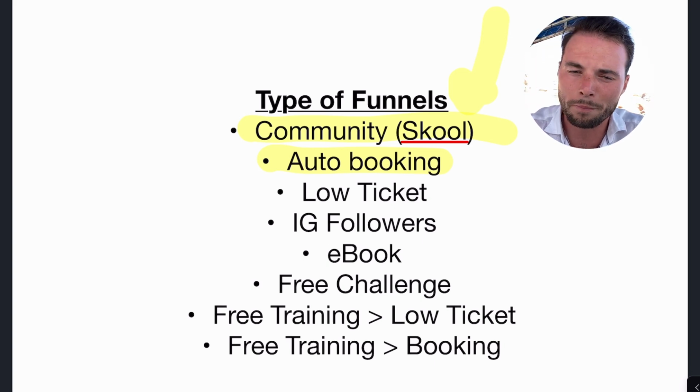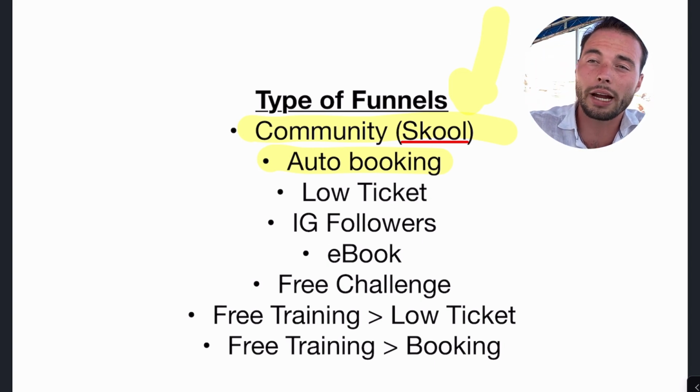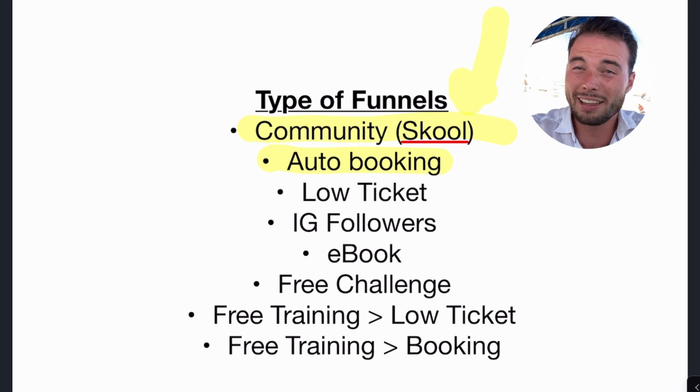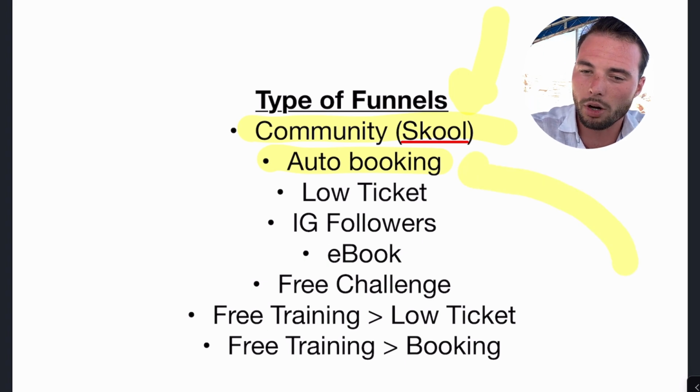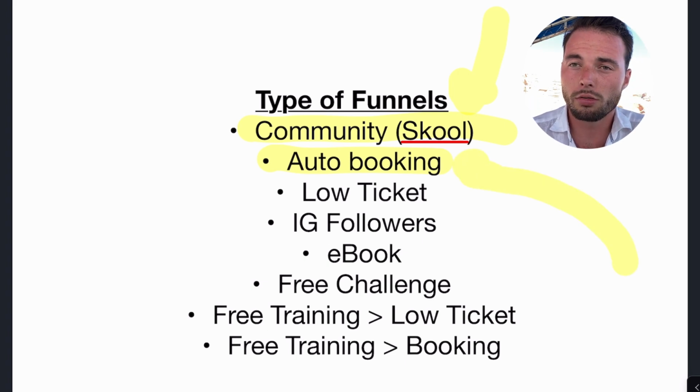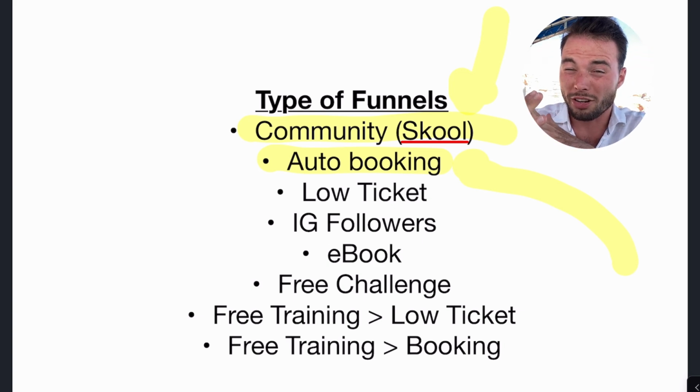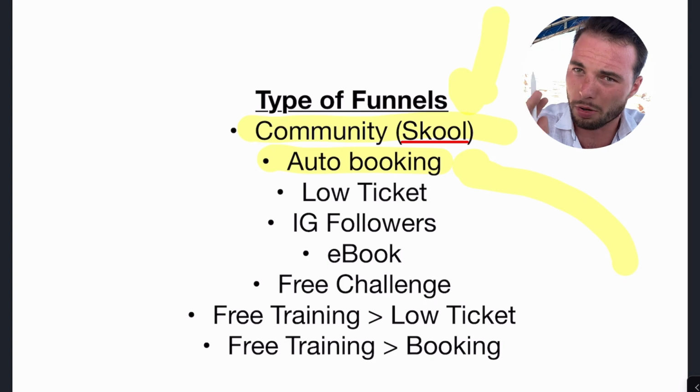Then after that, I say, hey, if you're interested in me and my team completely creating the content for you, all you need to do is give us the assets of the videos that you've recorded in the past. Click the link below and we can have a discussion. Then they book directly to schedule a time with me and my team to discuss us possibly partnering together to help them with that. That is an auto booking funnel.